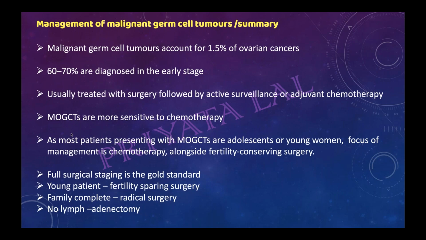Very sensitive to chemo, and most of these patients are young girls, therefore fertility conserving surgery is done. Full surgical staging is the gold standard in management. If young patient, please go for fertility sparing surgery. If the family is complete, or an old patient not desirous of family, consider radical surgery. Radical surgery means full staging laparotomy.